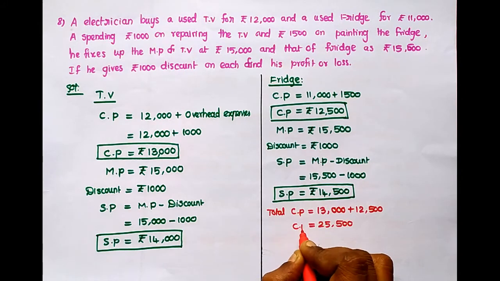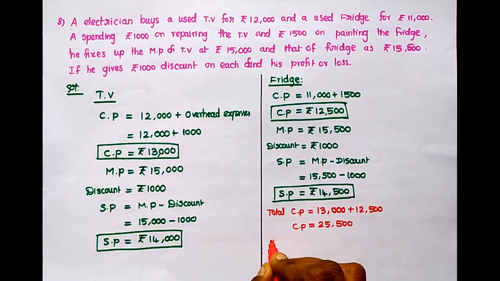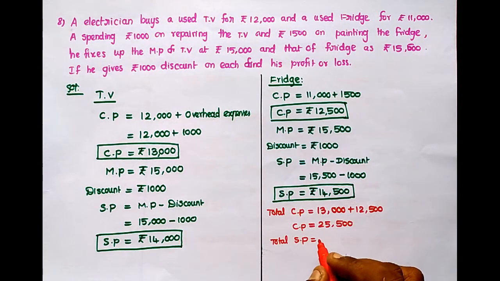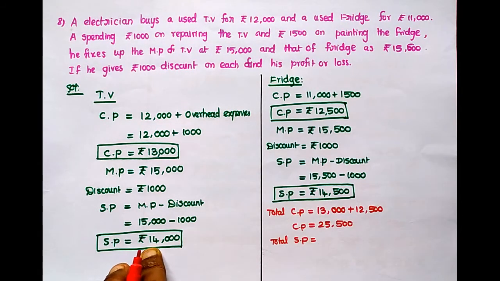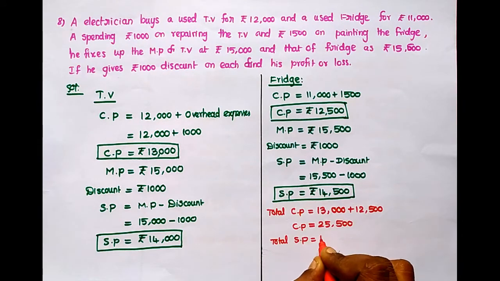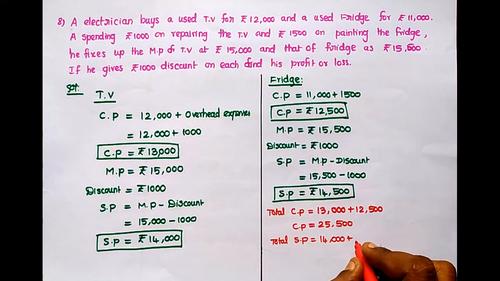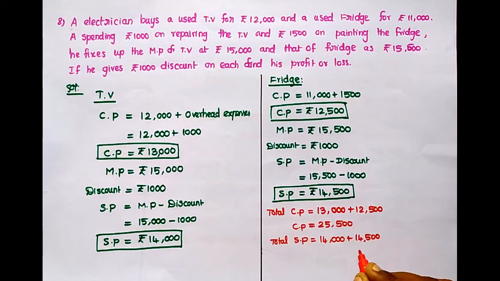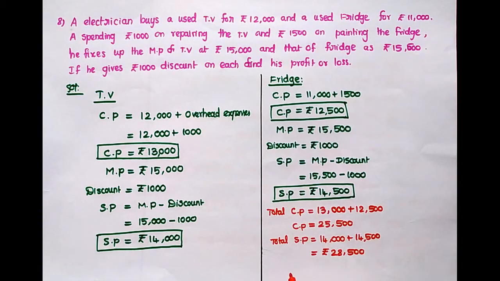That is the cost price. Total selling price equal to 14,000 plus 14,500. For TV 14,000, fridge 14,500. So total selling price is 28,500. That is selling price.